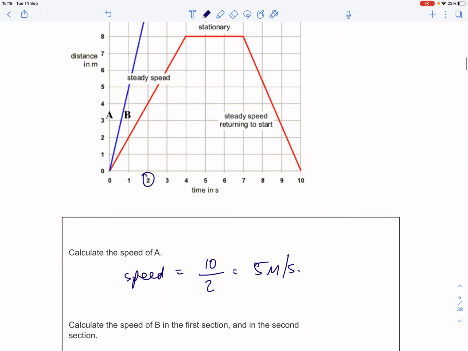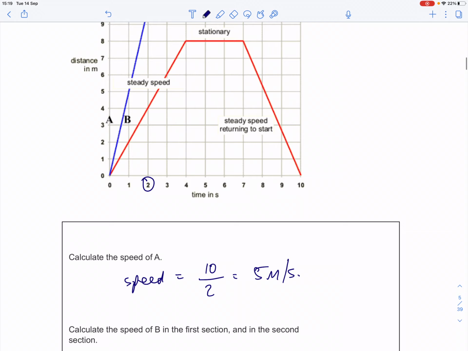Now with the red line of B, this is technically a displacement graph, because it's coming back in the other direction. But let's just take the magnitudes of those things, and we'll look at the signs and how they come out of that as well. So I'm just going to do this final section from this point here at 7 seconds to this point here at 10 seconds.